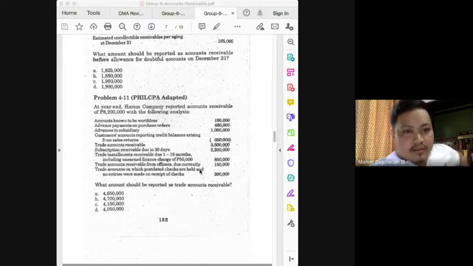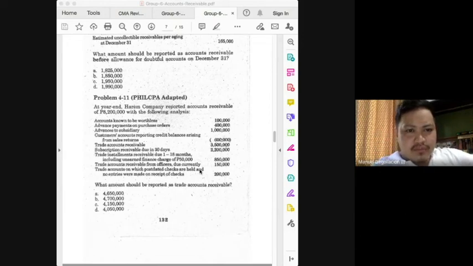This would still be considered as a current receivable, but just not a trade receivable. Advances to subsidiary, as what we've mentioned before, will definitely be classified as a non-current asset and definitely also not related to trade. So it's not part of your trade accounts receivable.